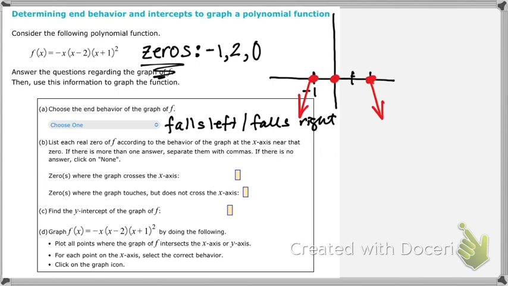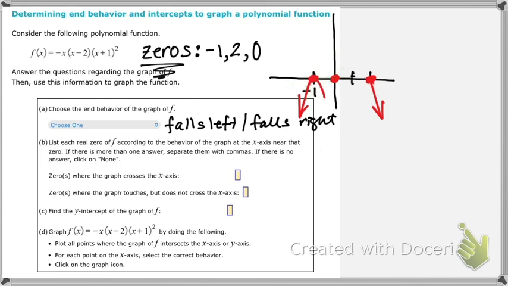And then I've got this big idea that I don't cross the x-axis at -1. But there is an intercept there. So look, there. So I've got my intercept there, but I'm not crossing over to the other side.